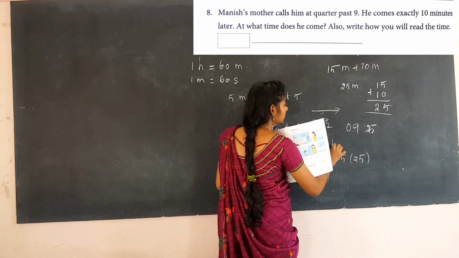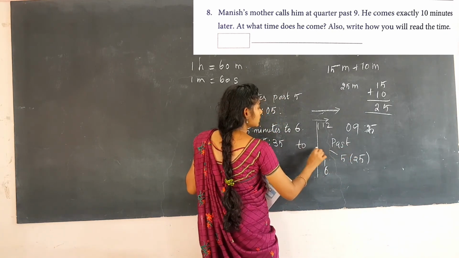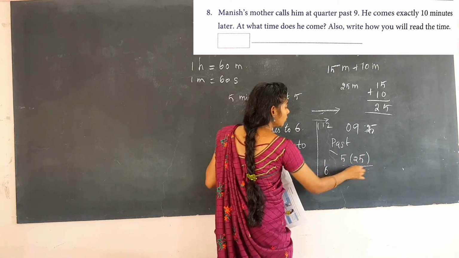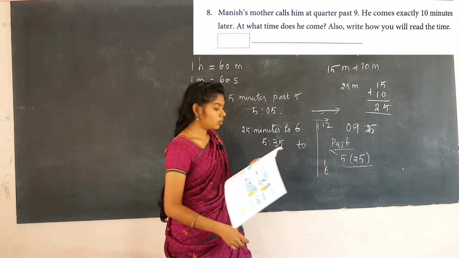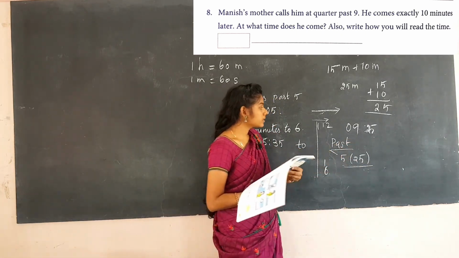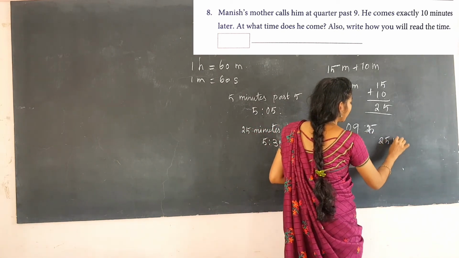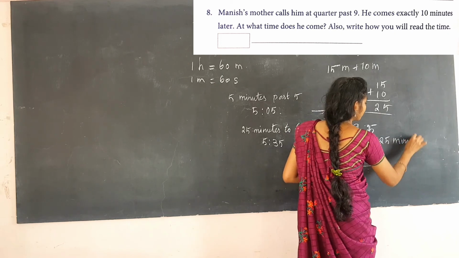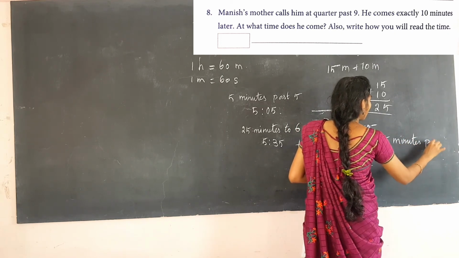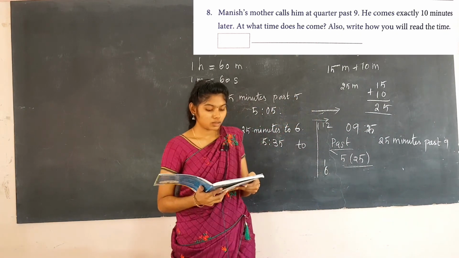So you will write 25 minutes past 9. 9:25 you can write as 25 minutes past 9. Okay, this is the answer.